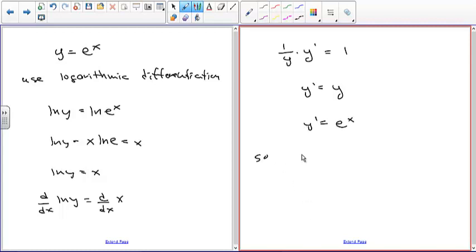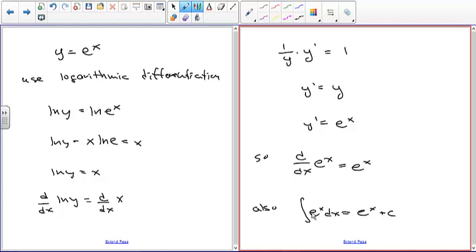So what that says is the derivative with respect to x of e to the x is equal to e to the x. You can also say that the integral of e to the x dx equals e to the x plus c, because if the derivative of e to the x is e to the x, then the integral of e to the x is e to the x.